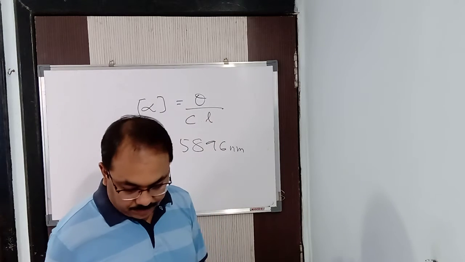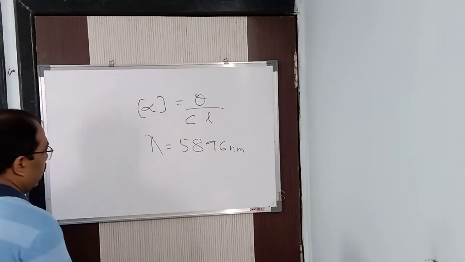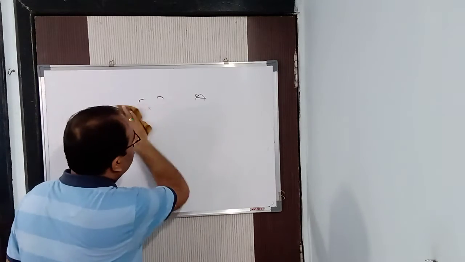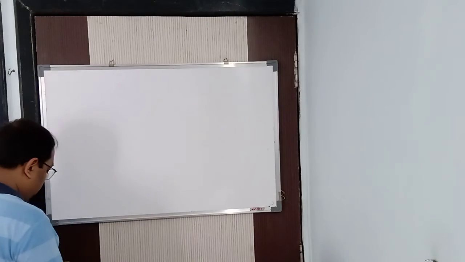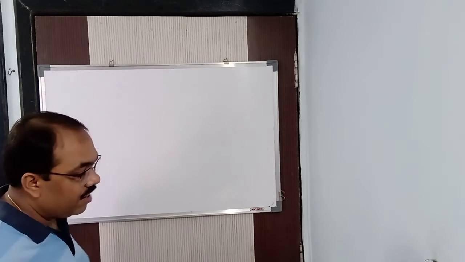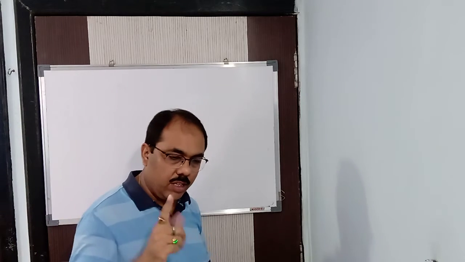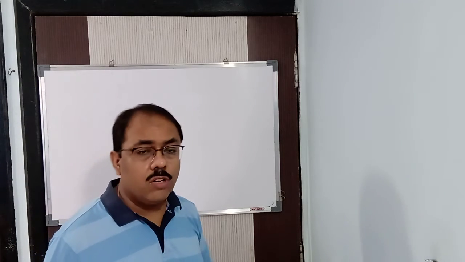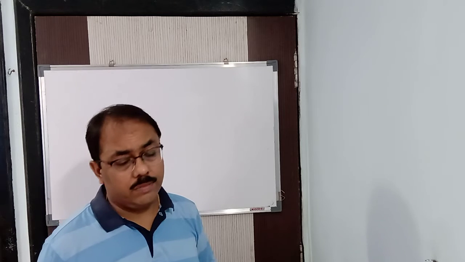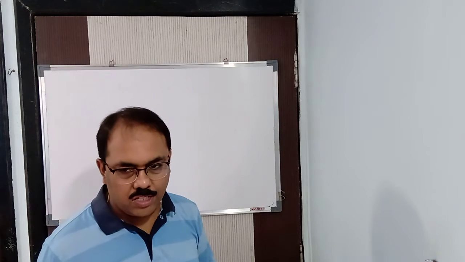Next, after that, one more thing you listen here. This optical isomerism comes under stereoisomers. So we are having a chiral center, I have already told you about it, and we are also having a stereo center. Now what is the difference between chiral center and stereo center?